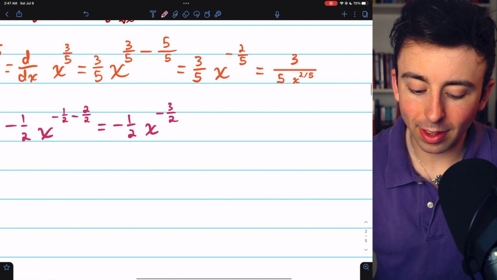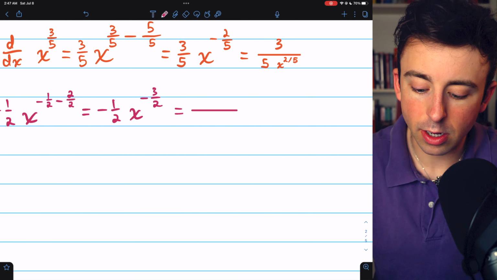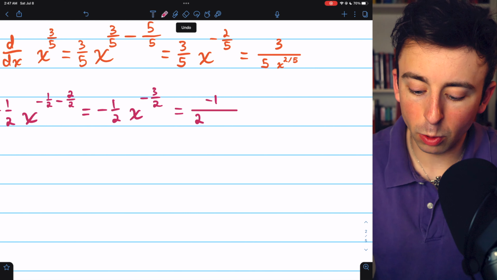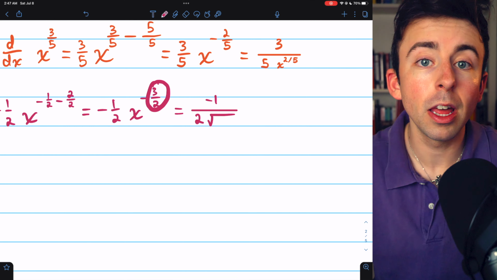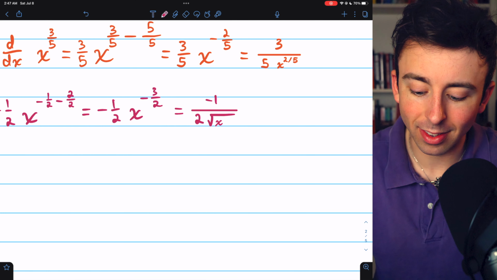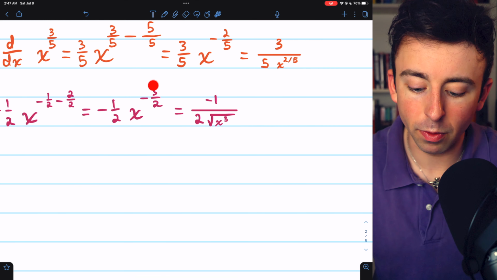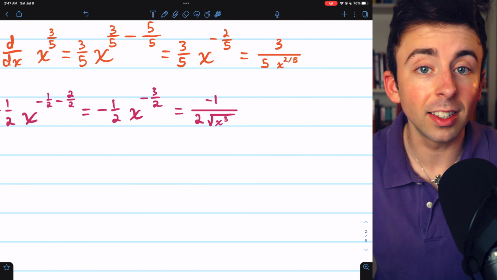We can then rewrite this to get rid of the negative exponent. We have a negative 1 in the numerator. In the denominator, we have this factor of 2, and then we'll write it as the square root because we have a power of 3/2, so square root, but then the 3 is the exponent of x. So there you go. The power of 3/2 is the same as the square root of x cubed.